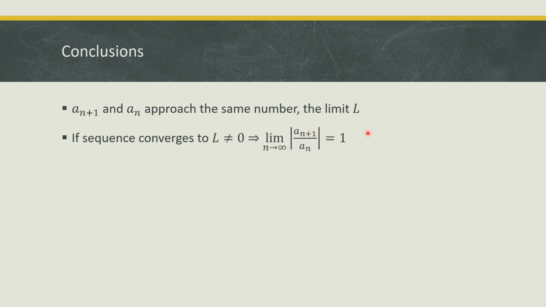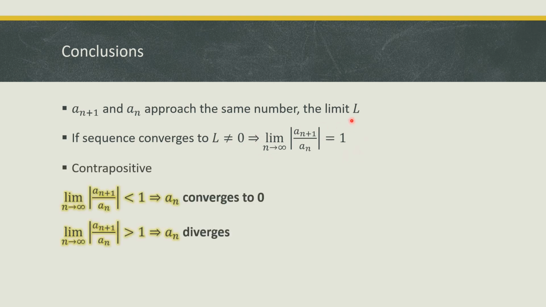Again, the intuition is that a sub n plus 1 and a sub n get closer and closer to each other. Now, we take the contrapositive of that to get the test that we want. So the contrapositive is that if this limit here is not equal to 1, and not equal to 1 means we have a case where it's less than 1, and we have a case where it's greater than 1, then the sequence either converges or diverges.